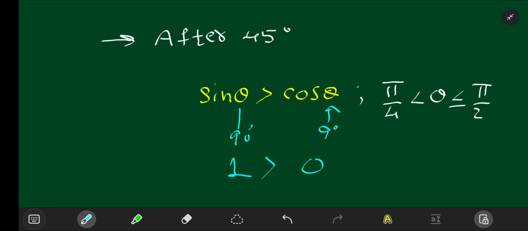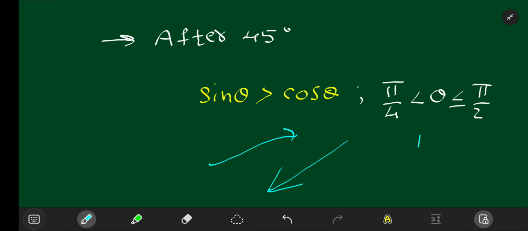So sin theta is big now. Sin theta is 1, cos theta is 0. That means after 45 degrees, while you increase the angle, the sin theta values go on increasing and the cos theta values decrease.